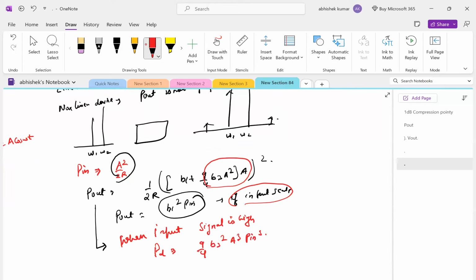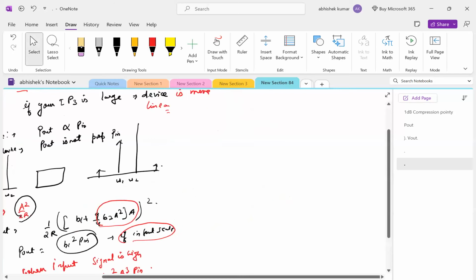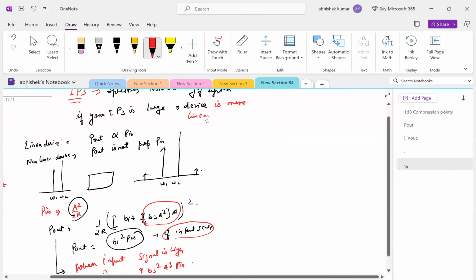This is your third-order line. So we will plot this line and see how it looks.